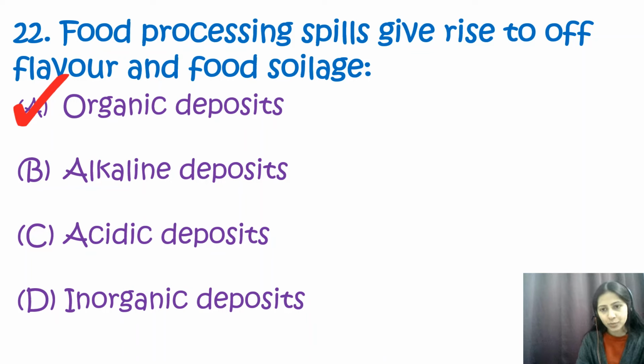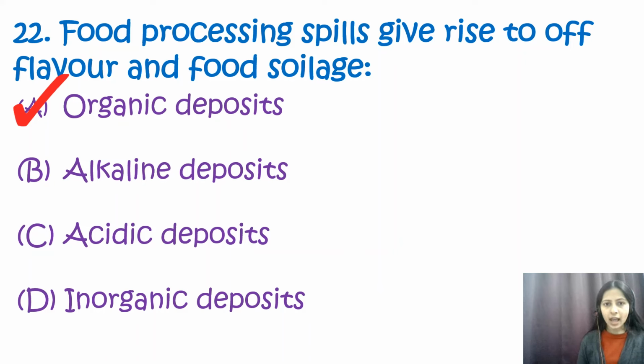Whereas in the case of alkaline deposits, if alkaline detergents, for example calcium or magnesium, are left behind after cleaning, they might cause scaling or corrosion in the equipment. Similarly, if an acidic detergent is used and not properly cleaned, there might be corrosion of the equipment.